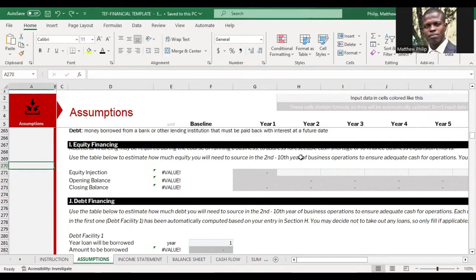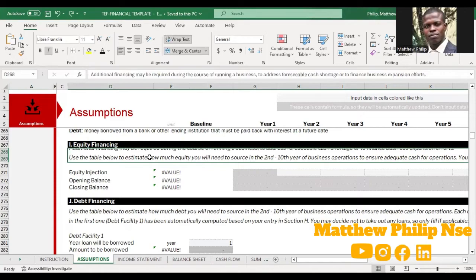Just like I said earlier, you are only required to fill the assumption worksheet once you are done with the instruction worksheet.